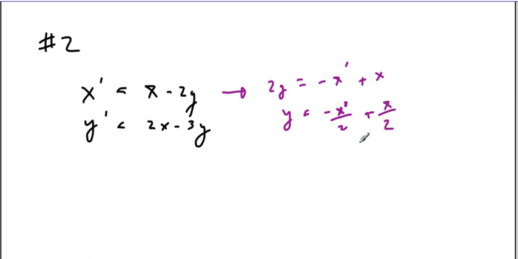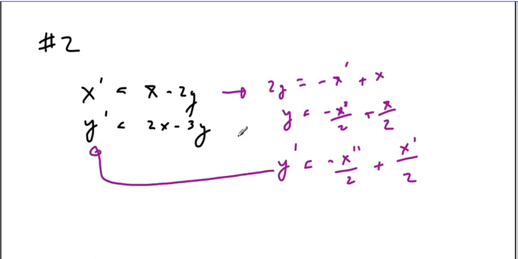And then we look at y prime. We're going to take that guy and take its derivative, and we say that's minus x double prime over 2 plus x prime over 2. Okay, and we say, well, that's the same y as that y.